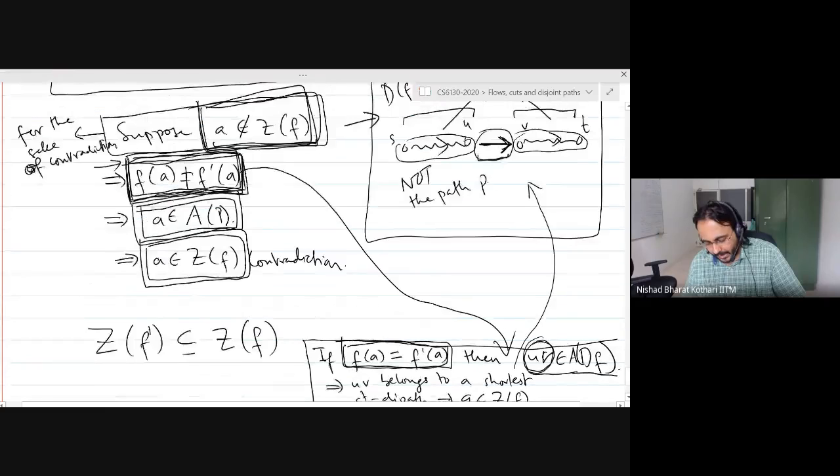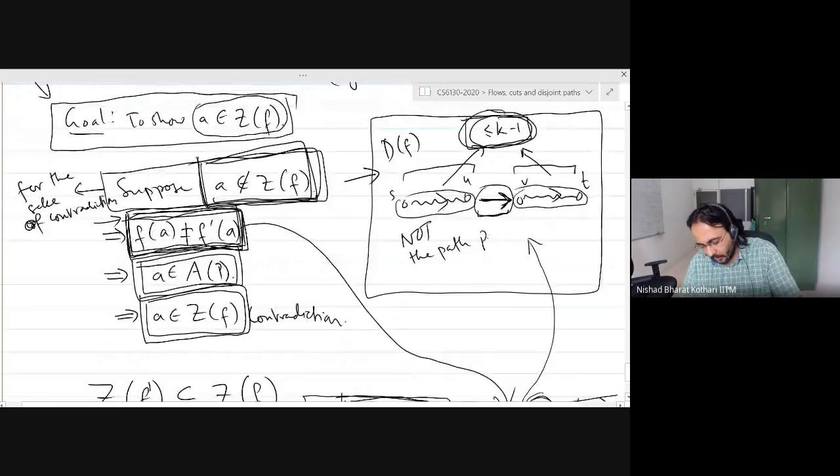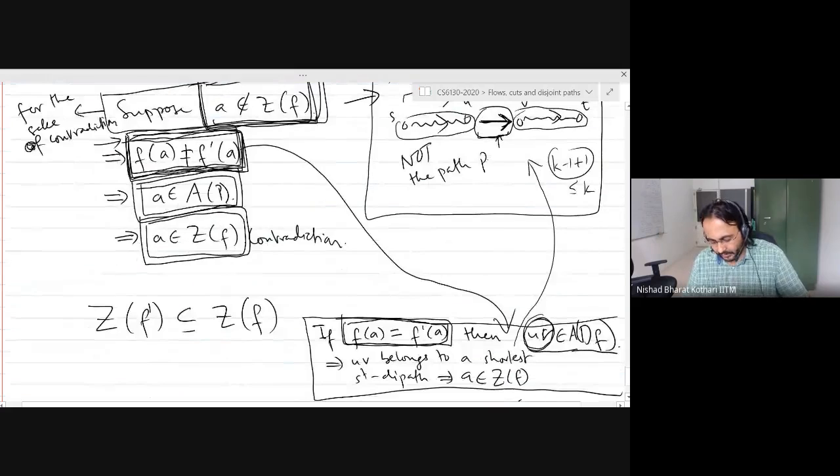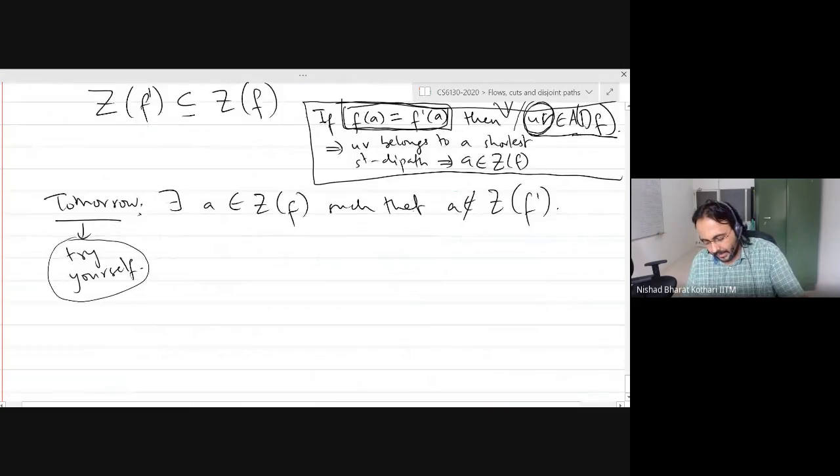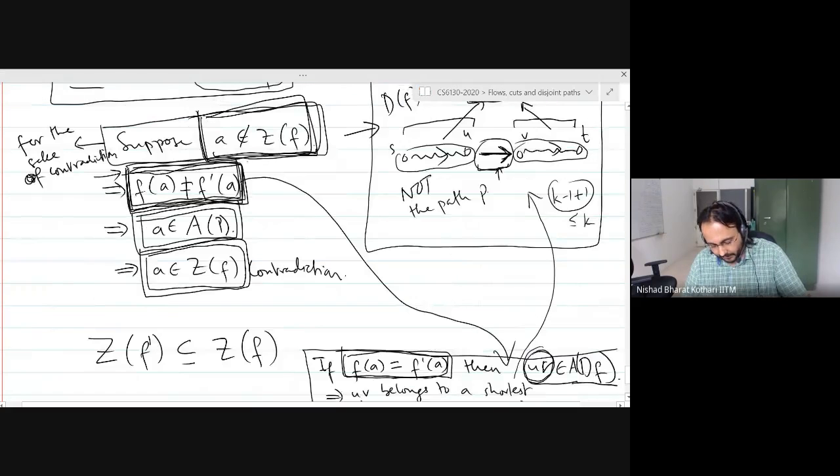And if that would be the case, then you would get a path whose length is at most K minus 1 plus 1. We are using one more arc, and so that would be at most K. And so that would be a shortest path, and that would mean that A is in the set ZF. But we have assumed that A is not in ZF. So this is why we would get a contradiction, right?